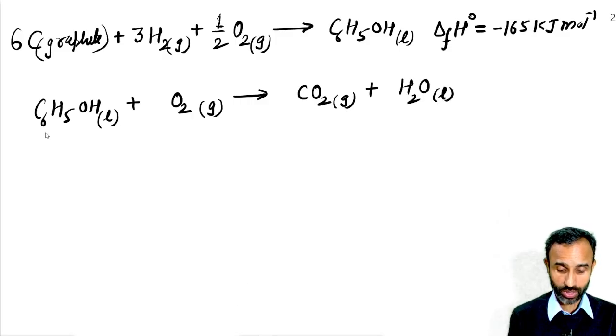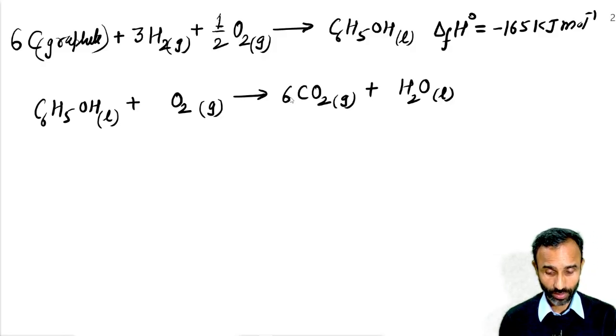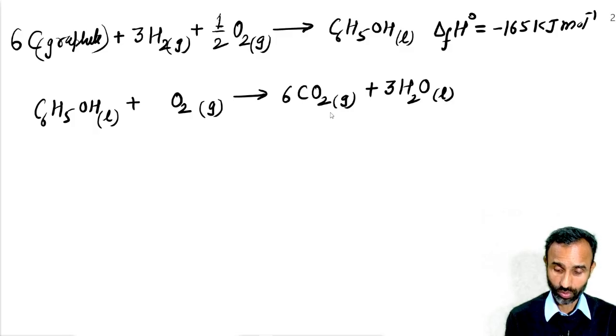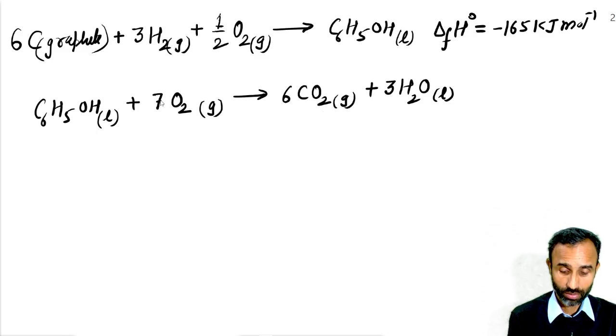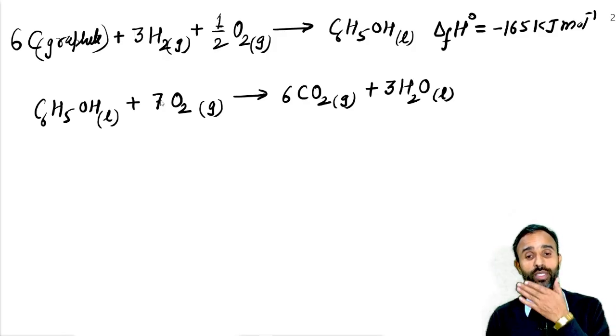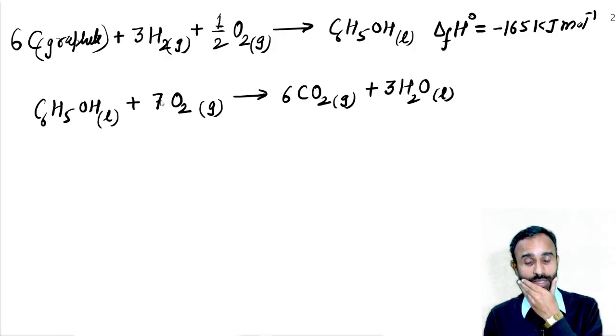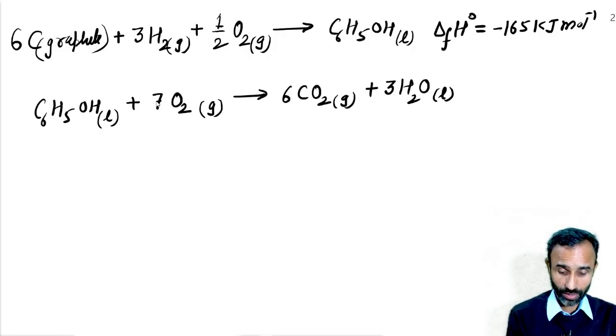There are 6 carbons, so 6 CO2 and 3 H2O. So oxygen is 7, it is 15 by 2, right, because 1 oxygen is in the phenol. So this is the equation.